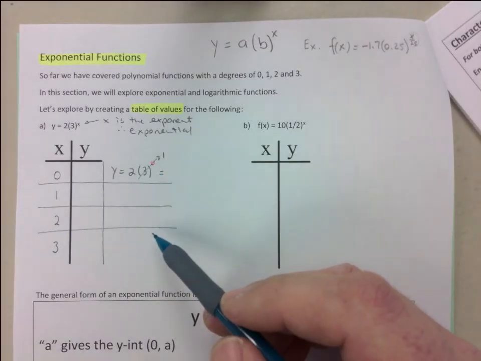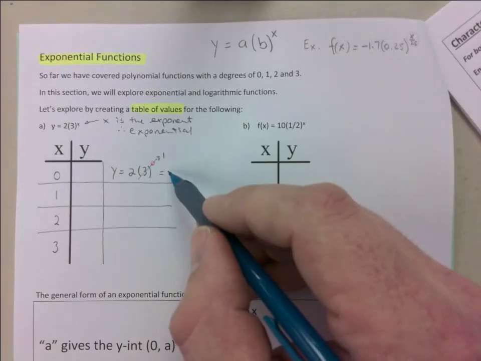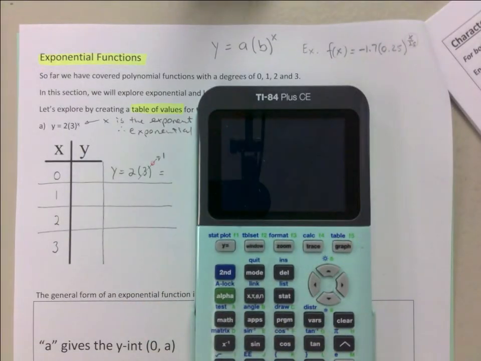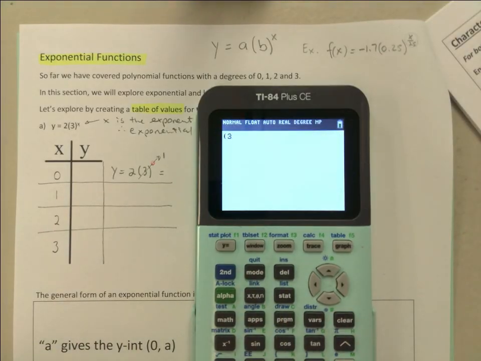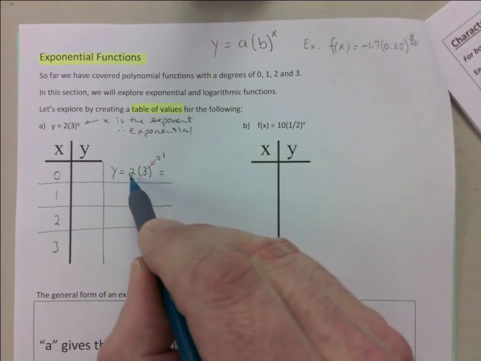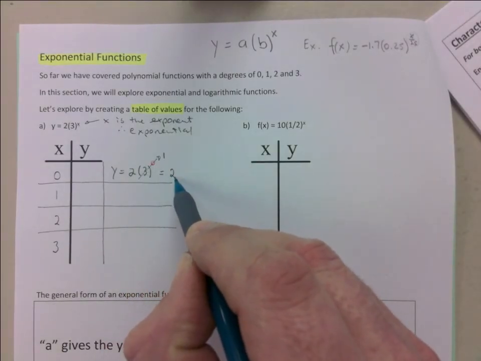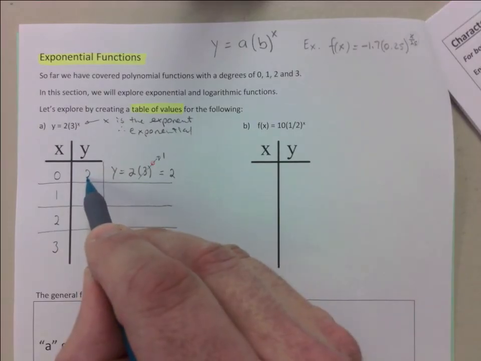Anything to the power of 0 is always 1. And if you don't trust me, try your calculator. Ask your calculator, okay? I'll clear this. You go 3 to the power of 0, you'll get 1. So no argument there. So this is basically 2 times 1 is 2. Okay, so we'll put 2 down.